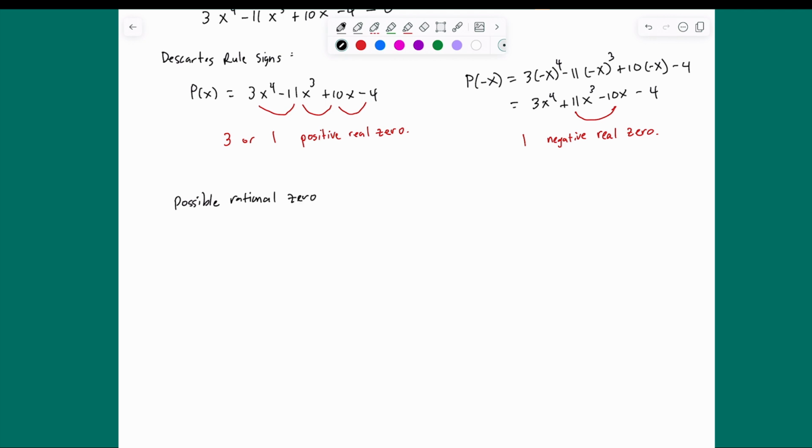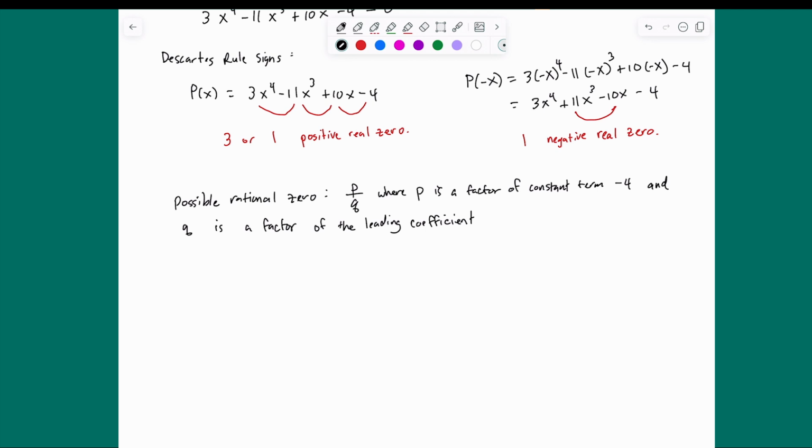Basically, we're looking for fractions of the form p over q, rational numbers, where p is a factor of the constant term, which in this case is -4, and q is a factor of the leading coefficient, which in this case is 3.